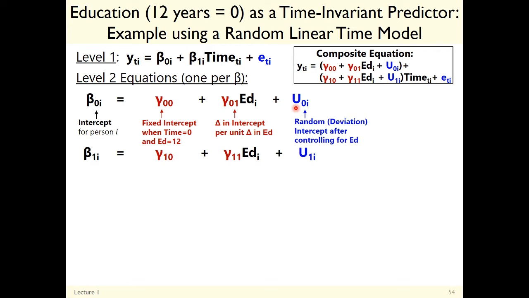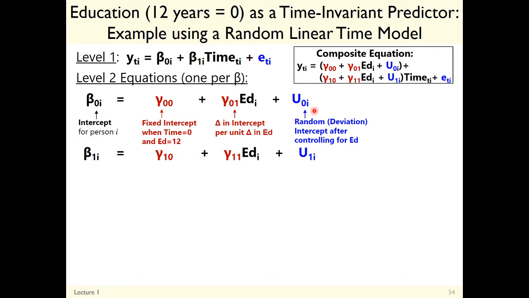It still is, but now the fixed intercept is the one that's given to me by this combination that also includes education. So you can think of U0 as how far off your intercept still is after adjusting it for education. So all people with 12 years of education get the same intercept.